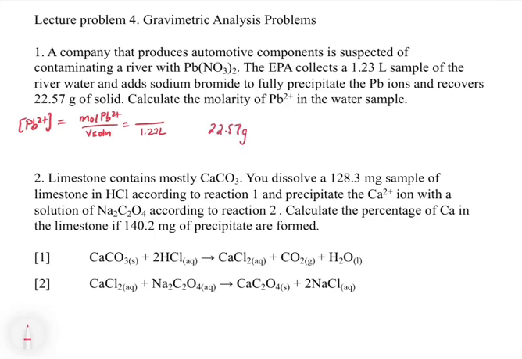of the solid, and to figure out what solid we're making, we have to write the balanced reaction. In this case, we have lead nitrate, which is what they suspect they're contaminating the river with, and we're reacting this with sodium bromide. So we have to predict our products.